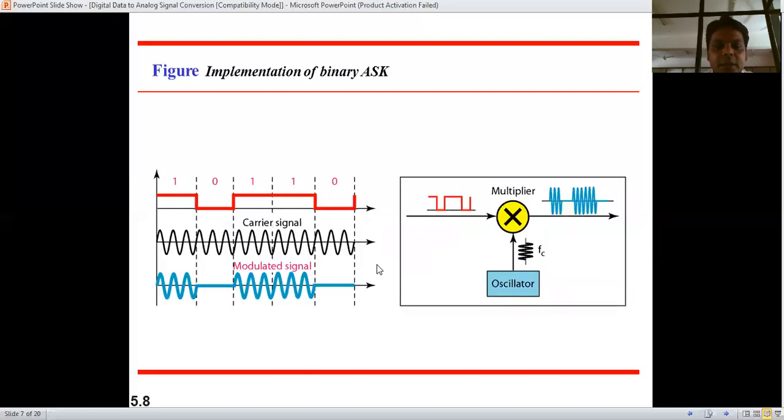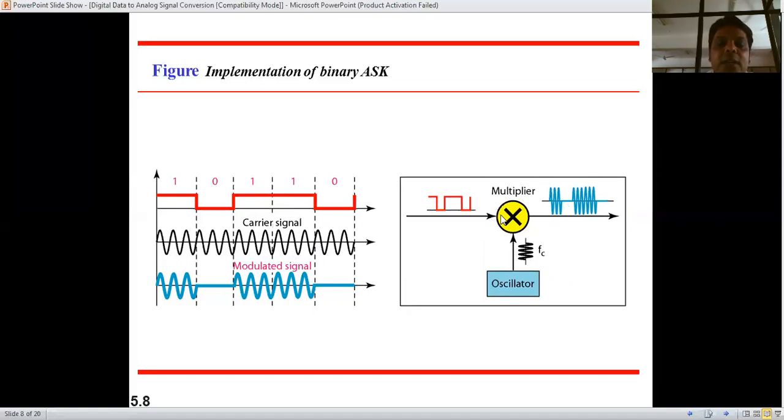Now in this figure, you can see that a carrier frequency is used which changes the amplitude of the original digital signal, and the result of multiplying the original digital signal with a carrier frequency, which is represented in this box, will be a modulated signal. This modulated signal possesses high frequency.